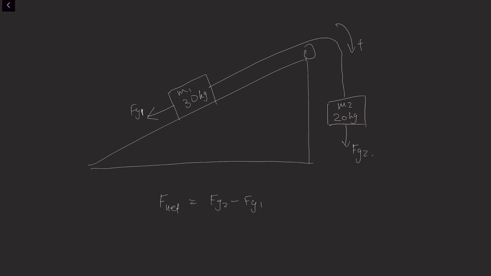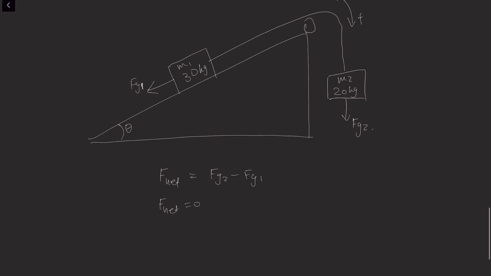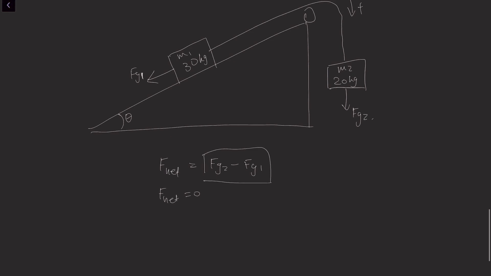Now, let's find where the equilibrium point is so that we can find what that angle is for this system to not be moving at all. So for equilibrium, we want the net force to be equal to 0. Therefore, how do we make this side equal 0? Fg2 equals Fg1 will give you net force equals 0.